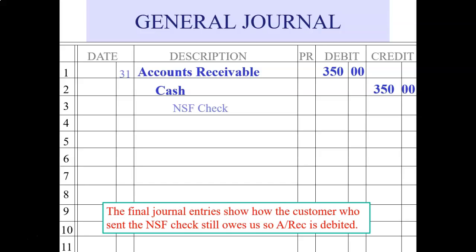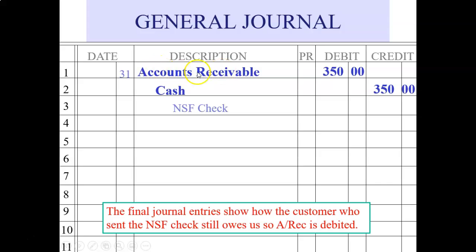So they came in the store, they left out of the store with products, and they gave us a check in exchange. Well, the check was bad, so it's like they gave us nothing, okay? And so they owe us the money. When customers owe us, that's accounts receivable, okay?